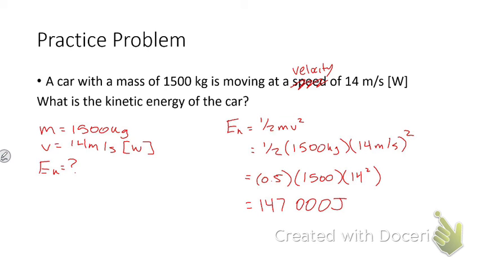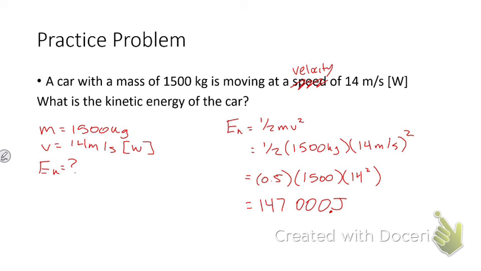Okay, how can I make my answer better? Sig digs, good. So we have 2 sig digs here and 4 sig digs here. So how many sig digs will my answer have? 2, right? You bet. So if our decimal is here, we need to change this number so it only has 2 digits.